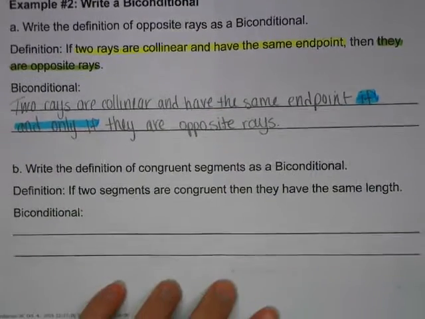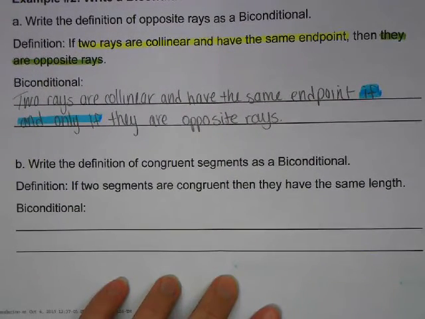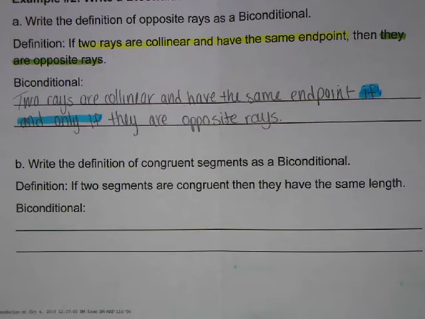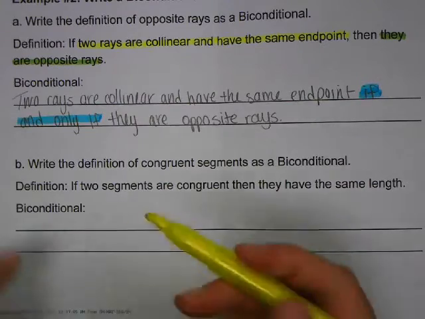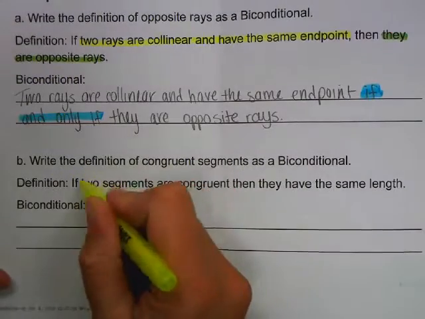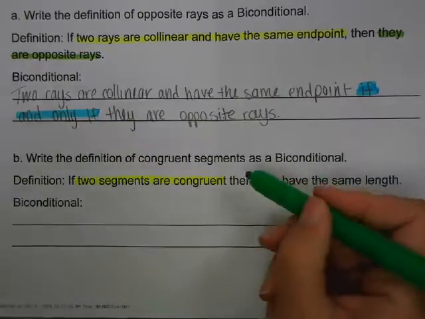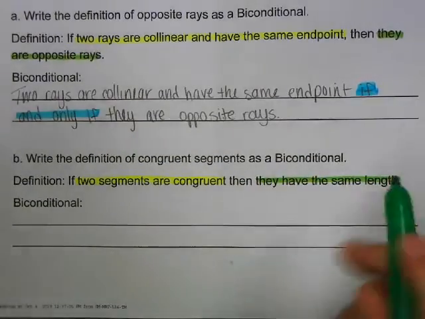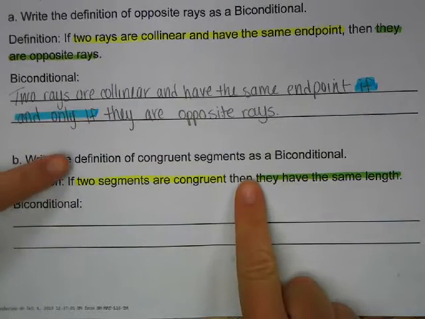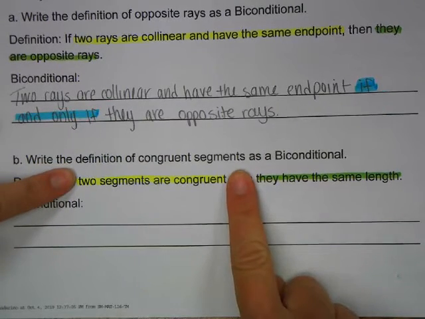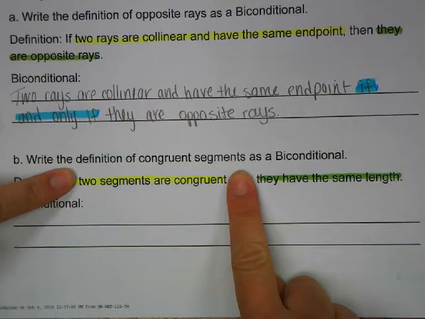Okay, last example. So now we're going to write the definition of congruent segments as a biconditional. If two segments are congruent, then they have the same length. So again, identify your hypothesis and conclusion. You are going to get rid of the words if and then, and you're going to put the words if and only if in between the hypothesis and conclusion.